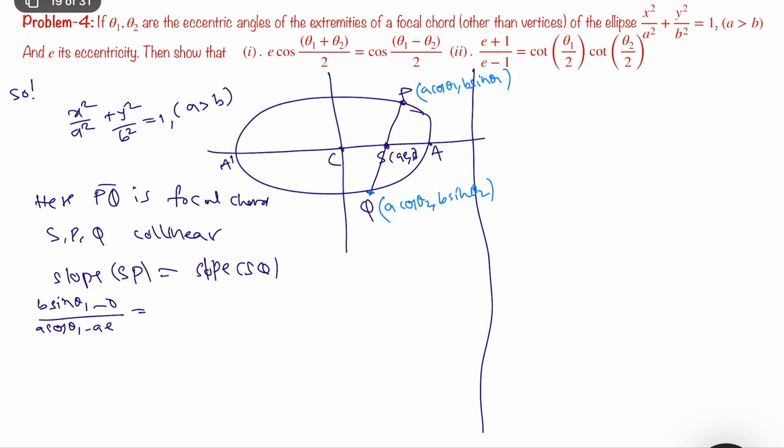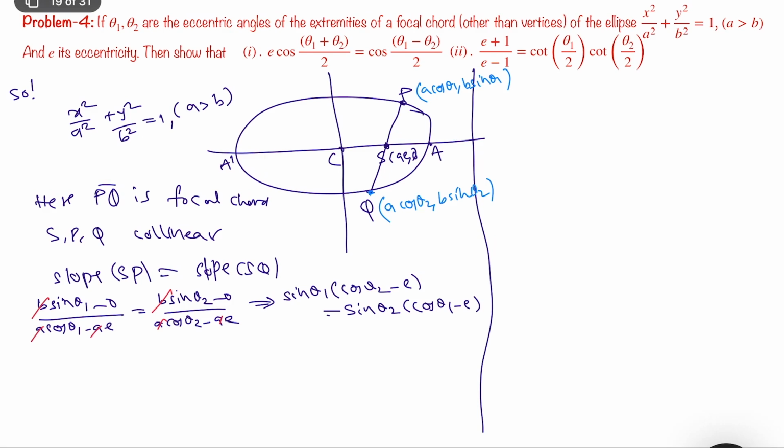Slope of SQ will be (b sin theta 2 minus 0) by (a cos theta 2 minus ae). Here on both sides this b gets cancelled, and if you take a common, these things get cancelled. Then we will be left with sin theta 1 times (cos theta 2 minus e) equal to sin theta 2 times (cos theta 1 minus e).